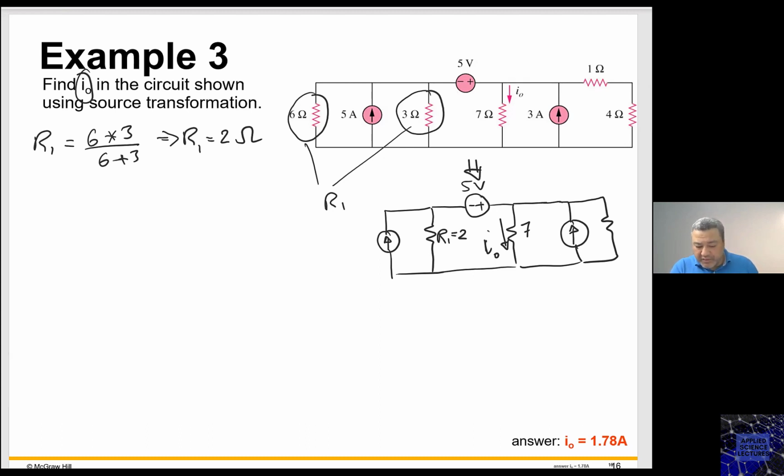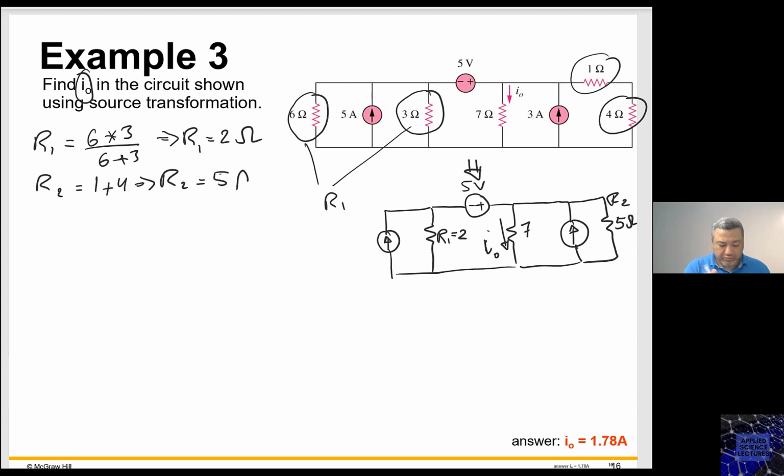This one is 4 and 1 are in series, right? So the result here is 5 ohm. And let me call this one R2. It's 5 ohm.